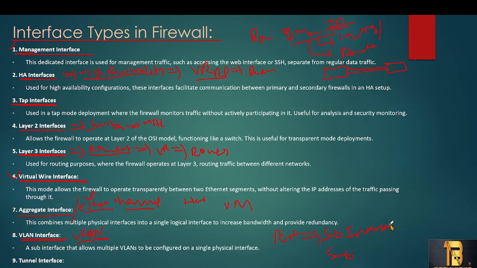Let's assume I have VLAN 10 and VLAN 20, and I'm assigning VLAN 10 to this sub interface and VLAN 20 to that sub interface. Whenever VLAN 10 traffic is received, this sub interface will take care of it, and whenever VLAN 20 traffic is received, that sub interface will take care of it. By using a single port, we can route multiple VLAN traffic as well. So if you want to create a VLAN interface in the Palo Alto firewall, you can make use of a single port with sub interfaces.